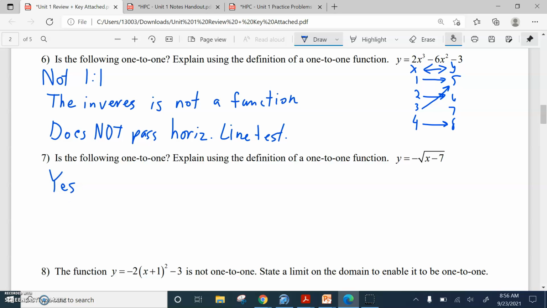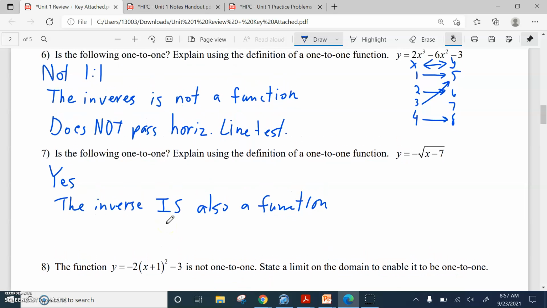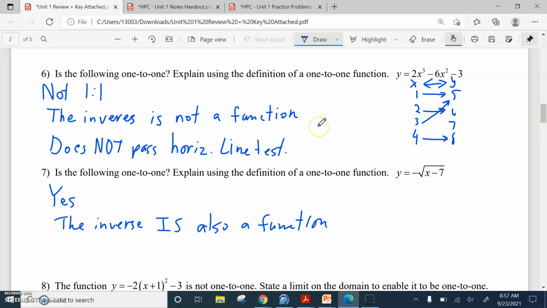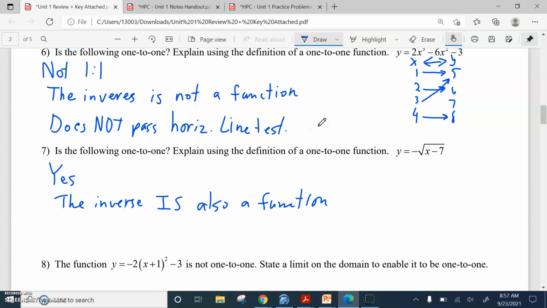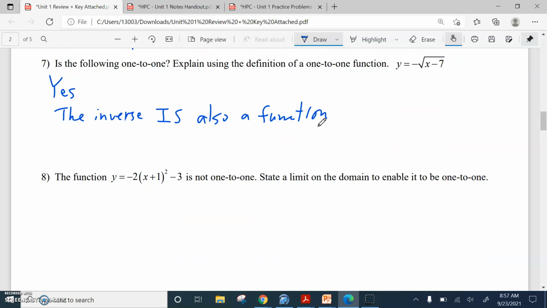And to explain using the definition, you can say the inverse is also a function. You could also say something about passing the horizontal line test, but at least talk about how the inverse is a function, or if it does not pass the horizontal line test, you would say something about how it's not also a function.